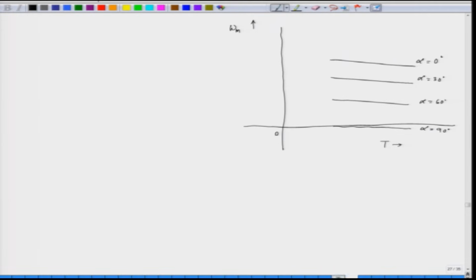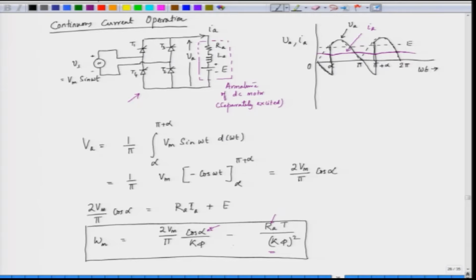Now, when alpha is 90, we can see that the no load speed is 0 if the current is continuous. At lower values of torque, there is a tendency of discontinuous current operation. The current becomes discontinuous at lower values of the load, lower values of the torque.